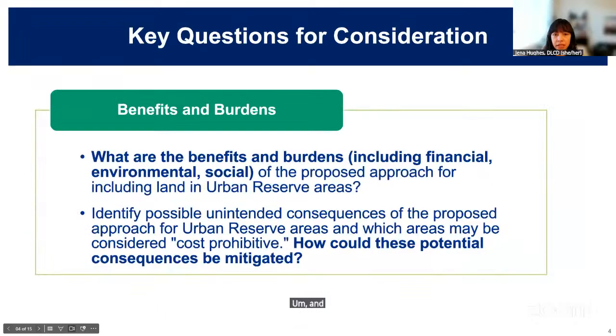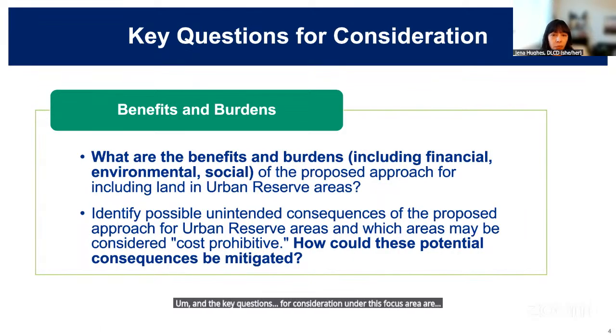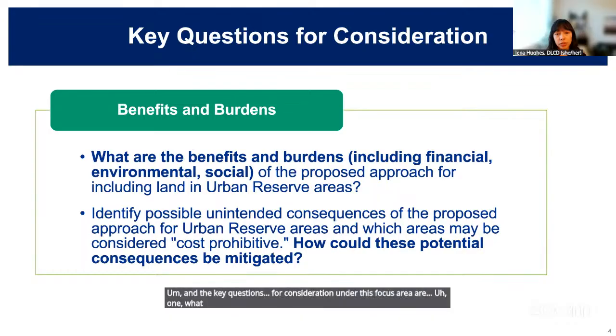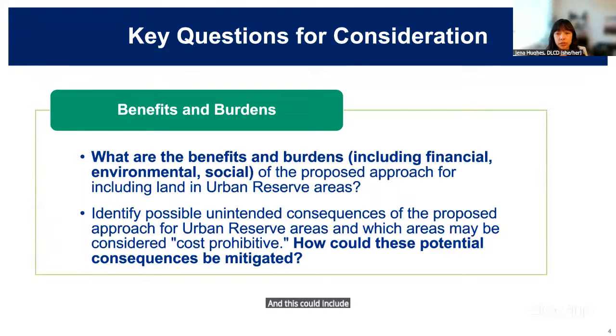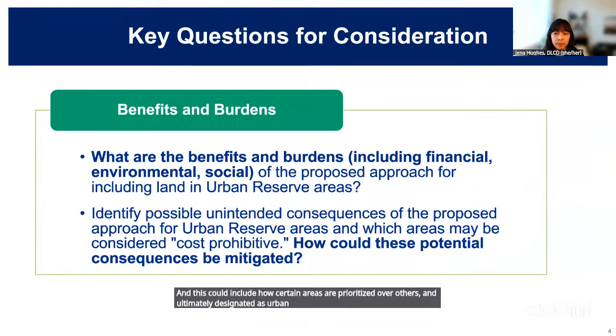The key questions for consideration under this focus area are, one, what are the benefits and burdens, including from a financial, environmental, and social aspect of the proposed approach? This could include how certain areas are prioritized over others and ultimately designated as urban reserve areas.